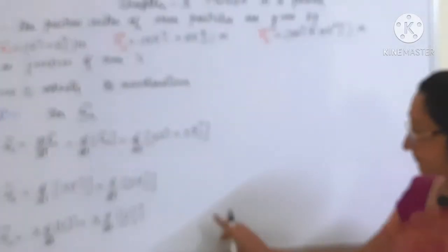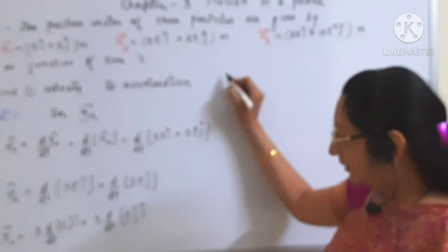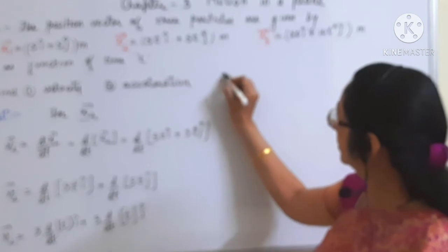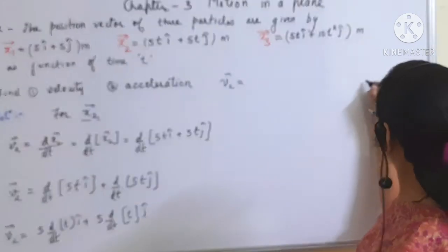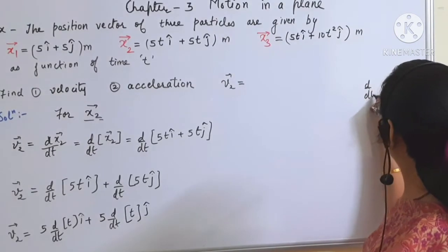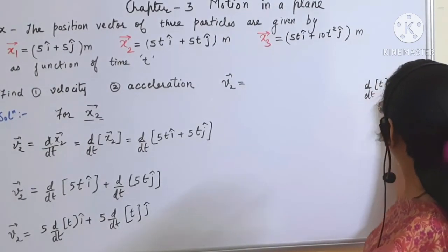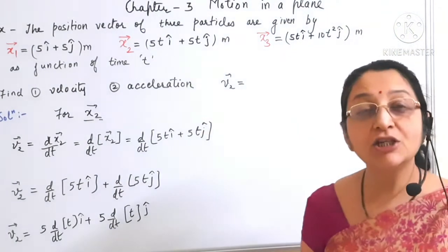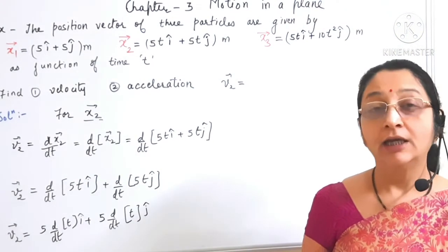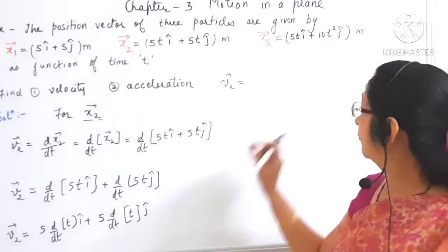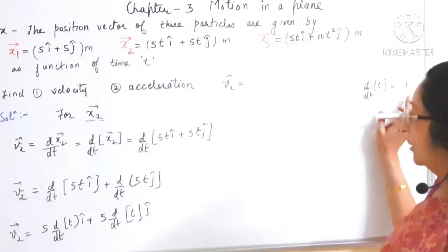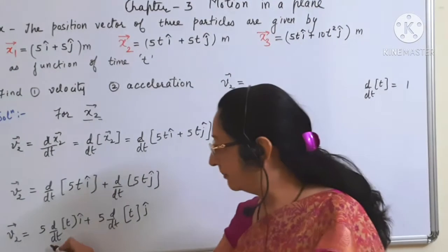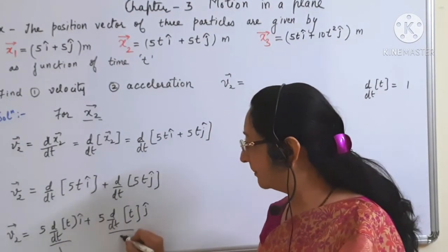Now, v2 is equal to, now we know that ddt of t is 1. According to the rules of differentiation in mathematics, differentiating t with respect to time gives 1. So this will become 1, and this will also become 1.